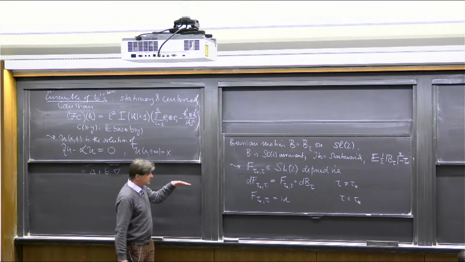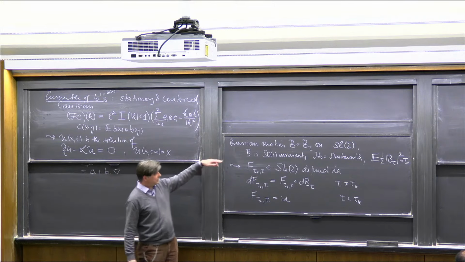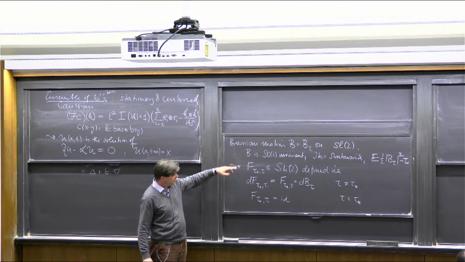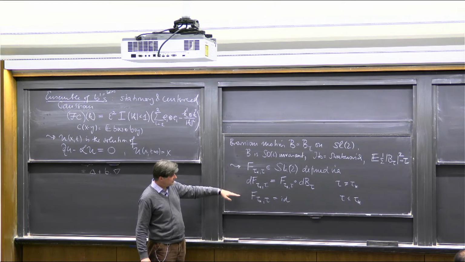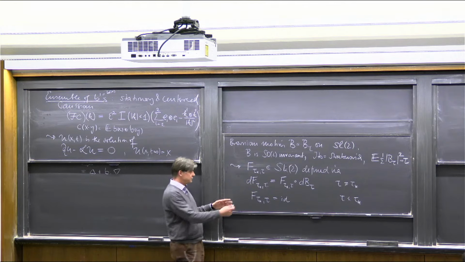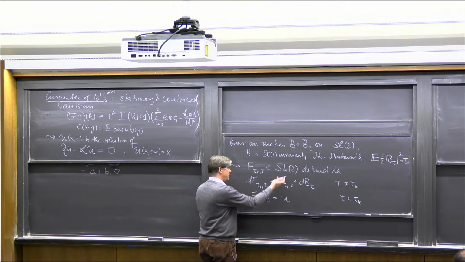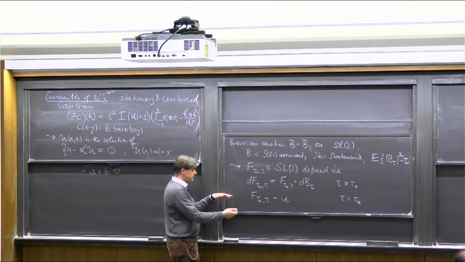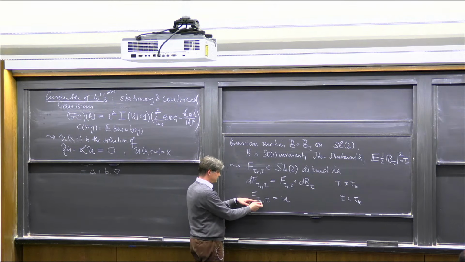So in a certain sense, you look at the SDE which goes with this driver. You start with the identity, which is the natural initial data on this group, because that's the neutral element of the group. But you don't start at time tau equal to 0, but at a variable starting time tau star.